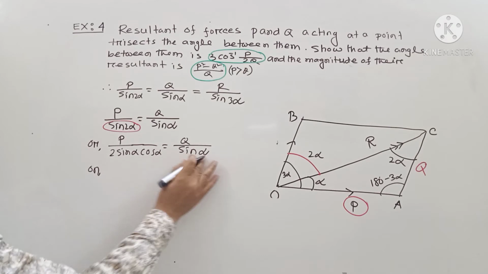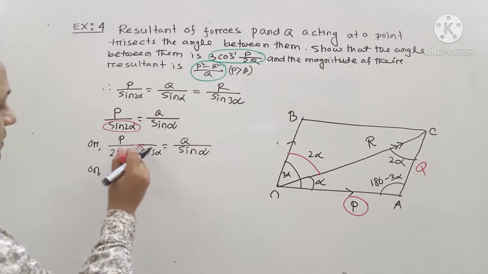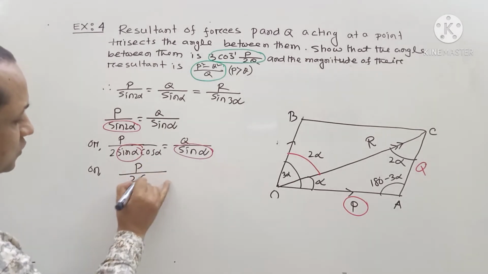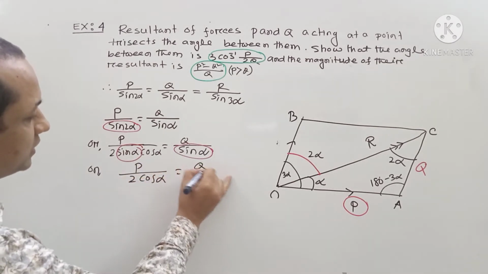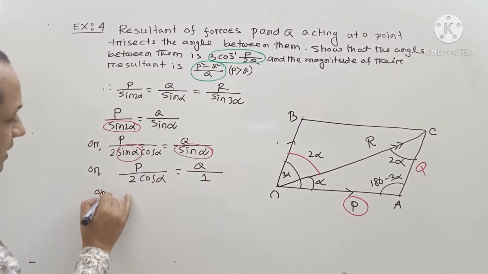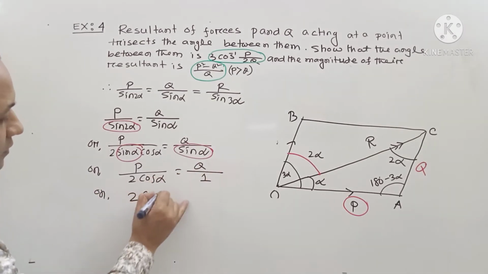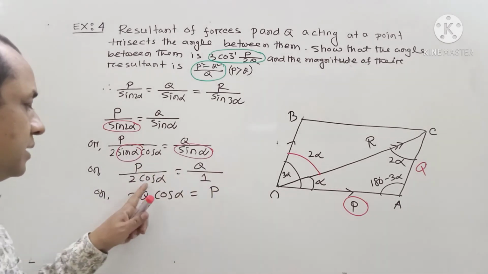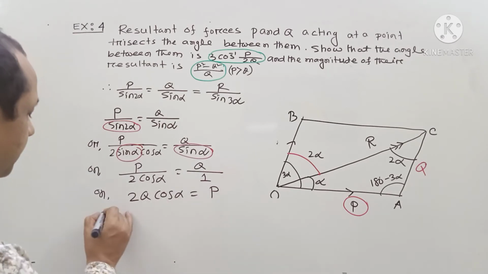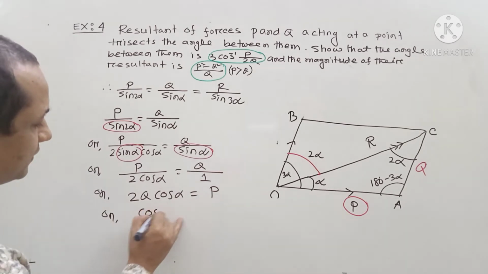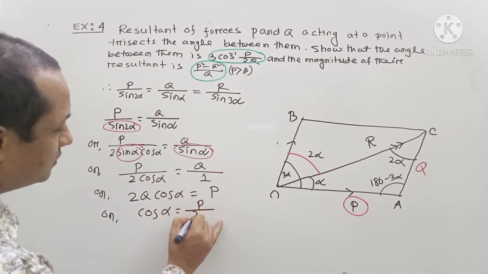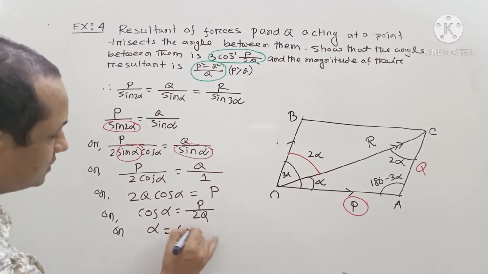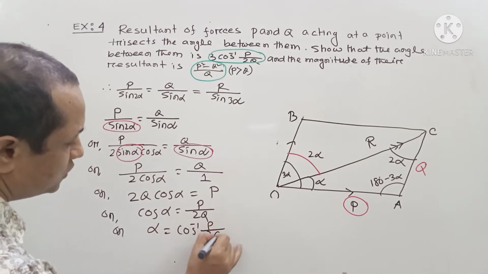Now eliminating sine alpha from both sides, we get P by 2 cos alpha equals Q by 1. By cross multiplication, 2Q cos alpha equals P, or cos alpha equals P by 2Q. So here alpha equals cos inverse P by 2Q.